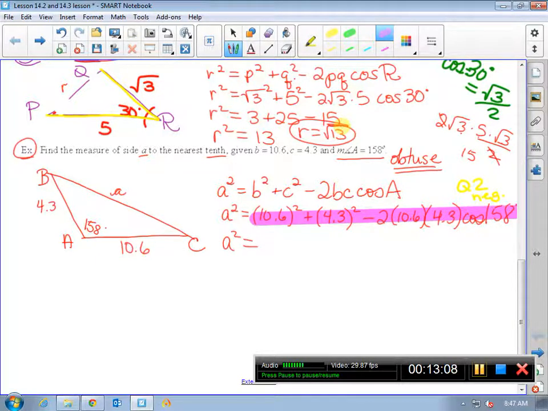Do a quick check. Make sure you're in degree mode. I have to change mine. And hit enter. So we can put that whole line of work right in your calculator.